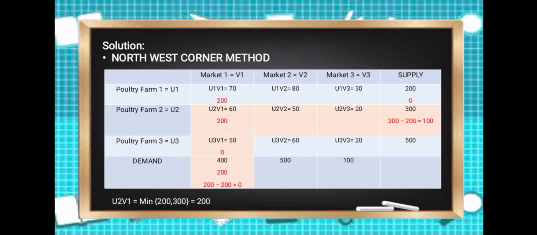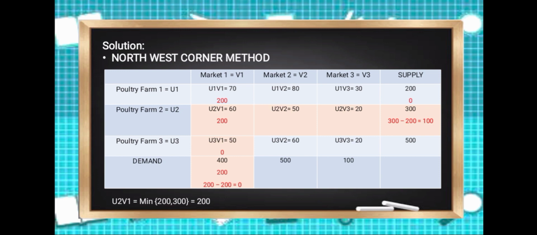The demand at U2 and V1 is 200 and the supply is 300. Then we find again the minimum of 200 and 300, which is 200.